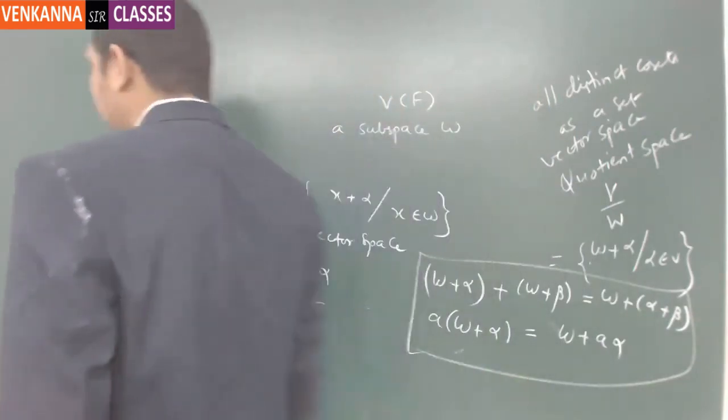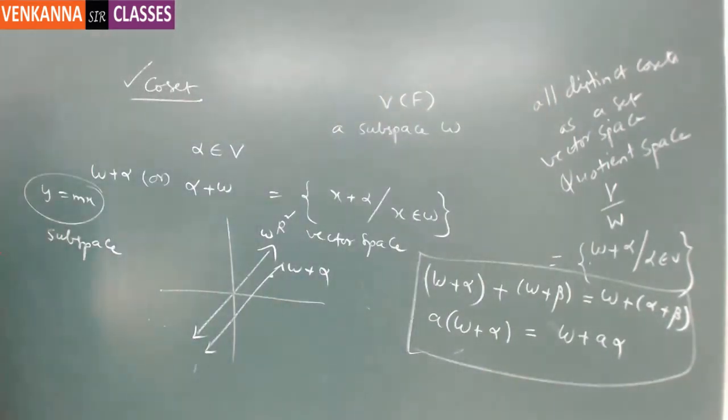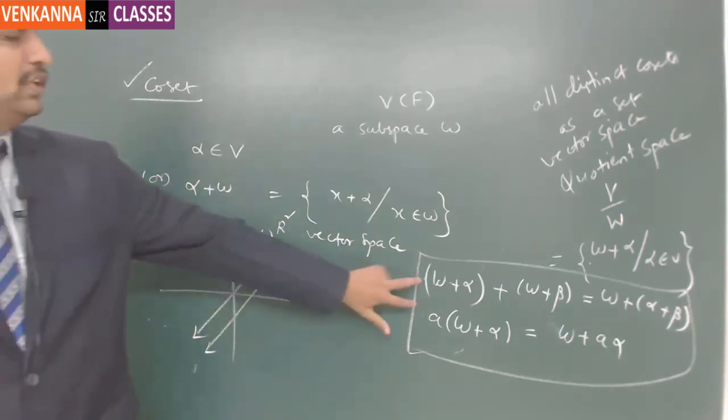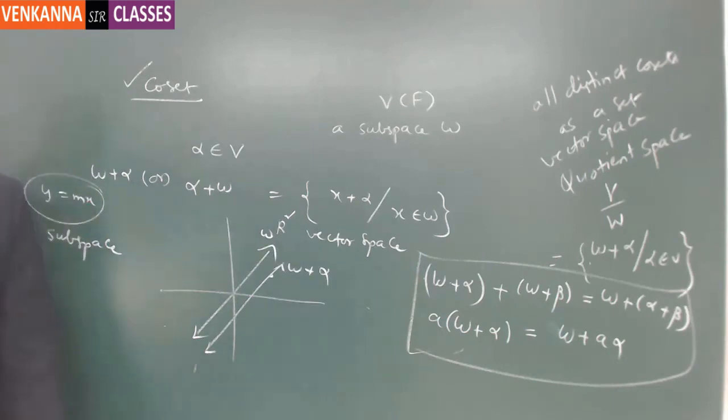So using these two operations, it will become a vector space. The first operation is coset addition. The second operation is scalar multiplication of the coset. So if you consider all the cosets together into a set, it becomes a vector space with regard to these two operations, and we call it a quotient space.